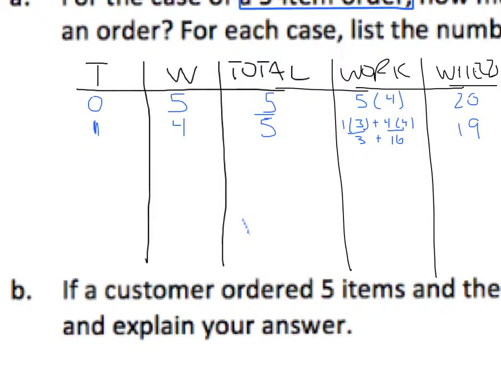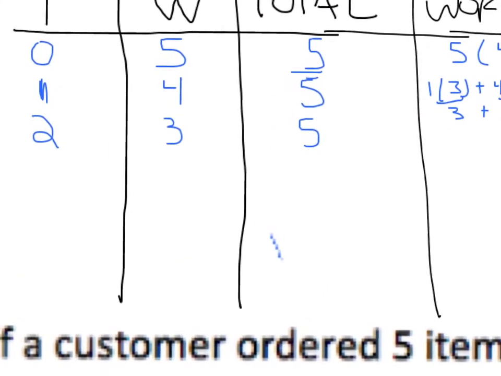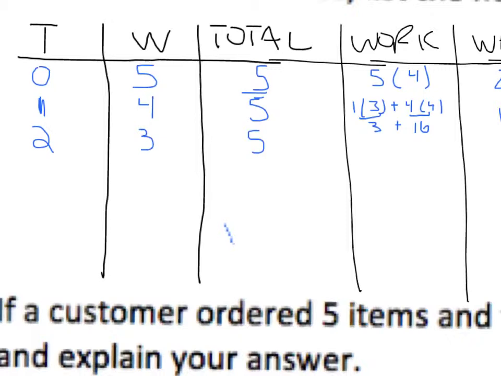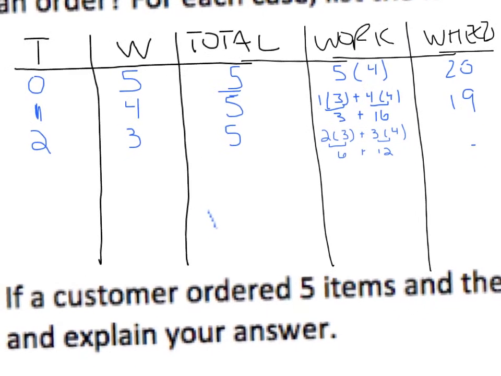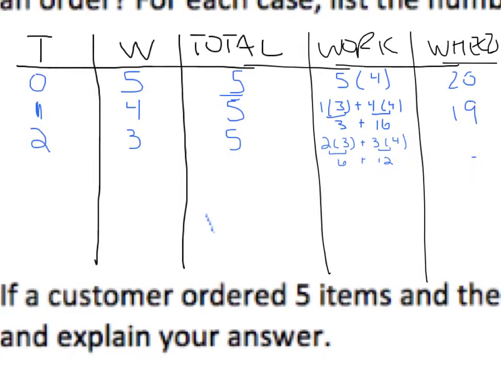All right, so let's continue, because we have to write all the combinations. If we drop another wagon, that means we have to add another trike to make our 5 total. Let's take a look at this work. 2 trikes at 3 wheels each, and then 3 wagons at 4 wheels each. 2 times 3 will give me a 6. 3 times 4 will give me a 12, which gives me a grand total of 6 plus 12, or 18 wheels.